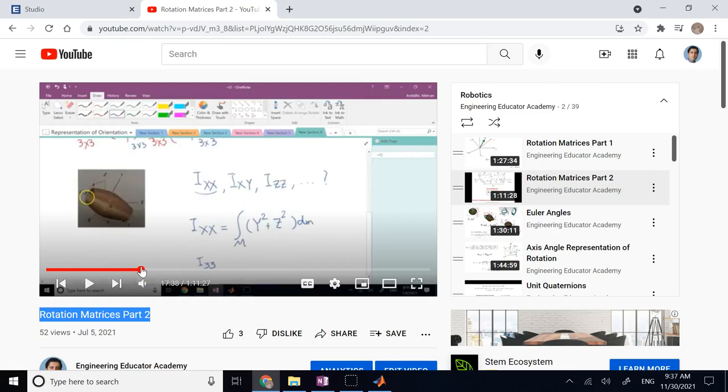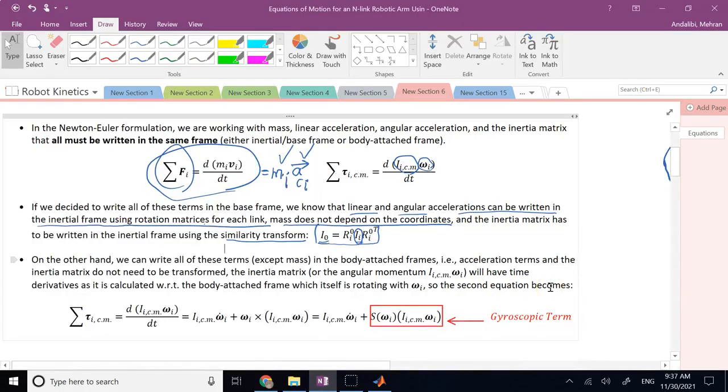As I mentioned over there, these moments of inertia, like Ixx, is the integral of y squared plus z squared dm. So depending on which x, y, or z frame that you use, these values of Ixx, Iyy, Izz, or the product terms, they will all change. So it does matter which frame you are using for the inertia matrix.